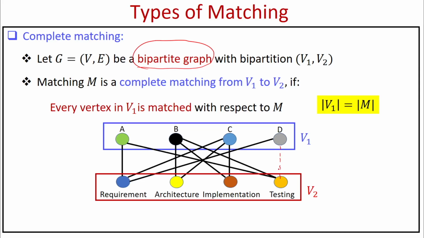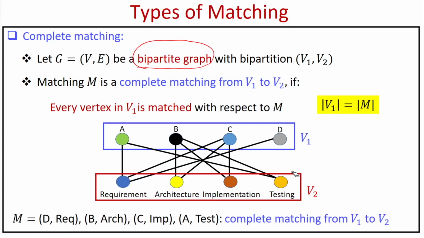Okay. So if this is my V1 and V2, and if I pick this matching M, then it constitutes a complete matching from V1 to V2. Why does it constitute a complete matching from V1 to V2? Because all the vertices in V1 are matched. A is matched, B is matched, C is matched, and D is matched.